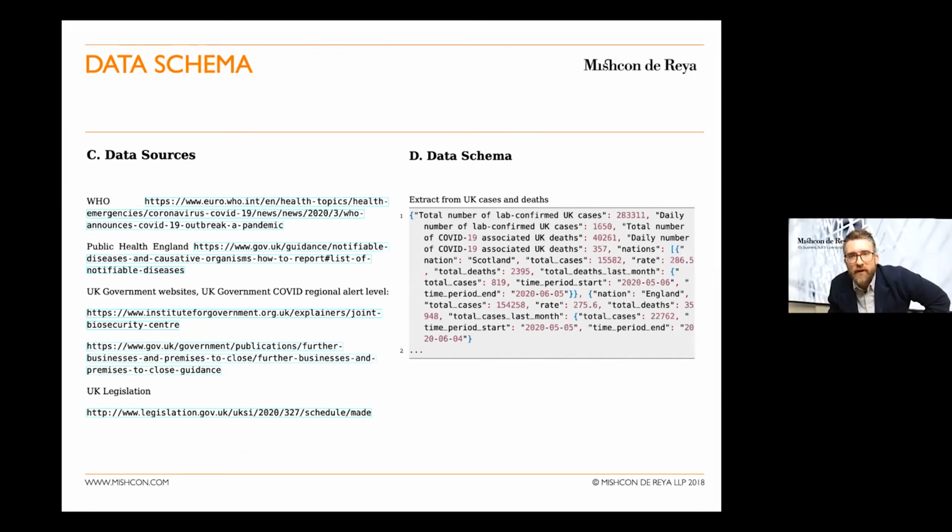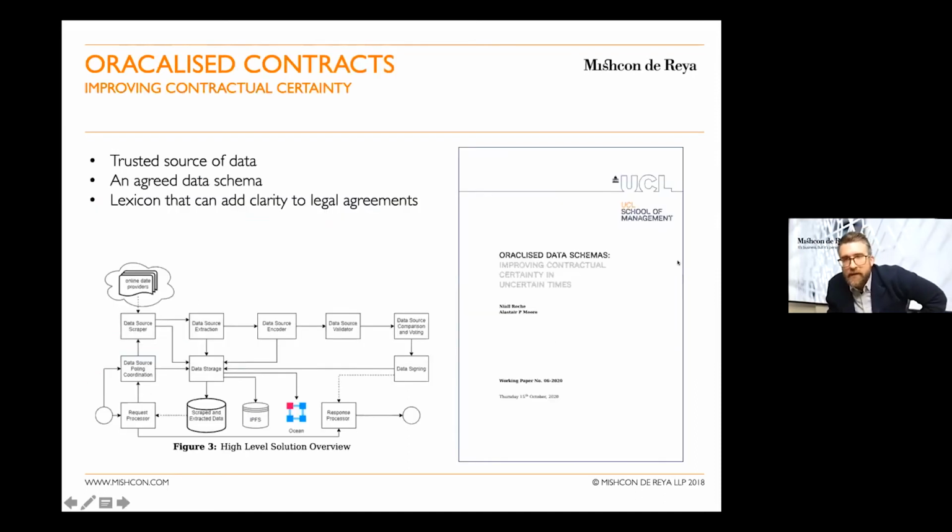And we produced a white paper that's available from the CBT working paper series, looking at how to aggregate disparate sources of uncertain information, so that you can pull them together and then build a contract that has meaningful terms for the clauses off the back of it.